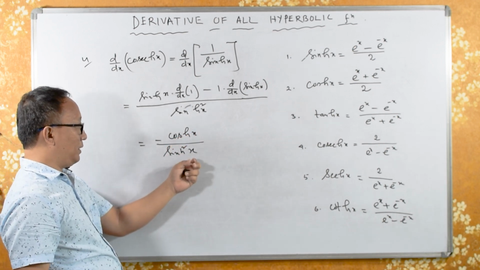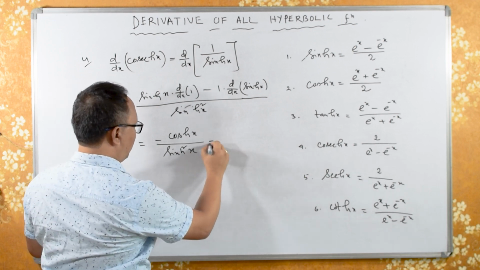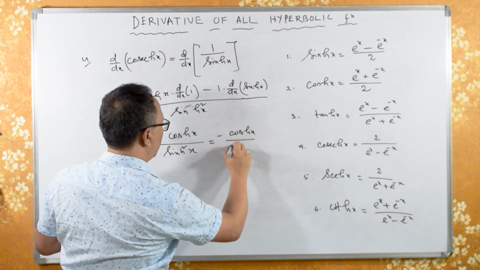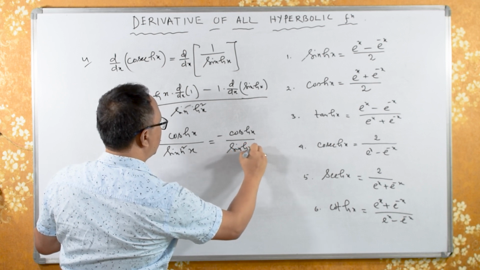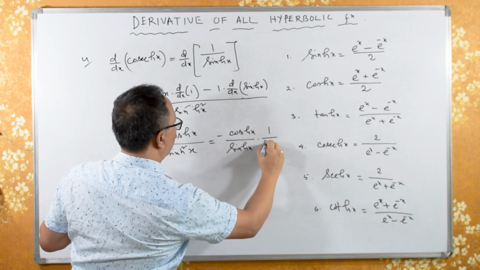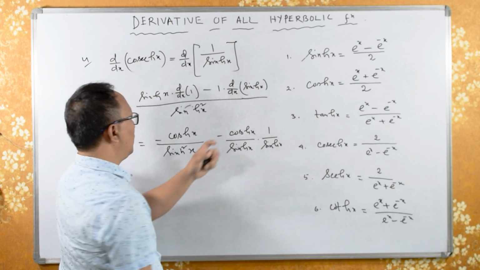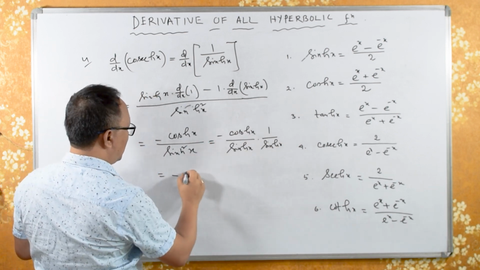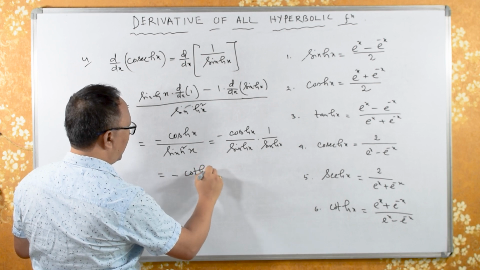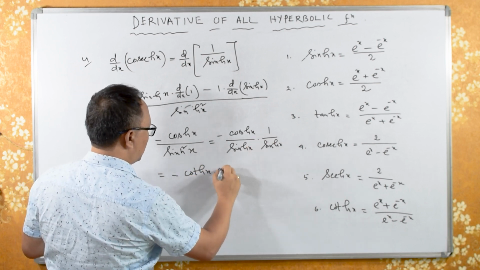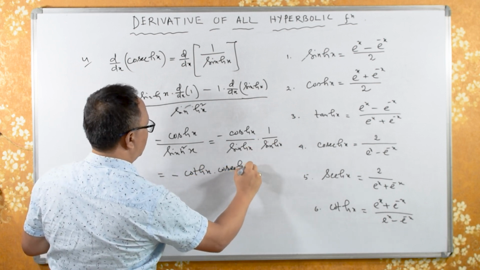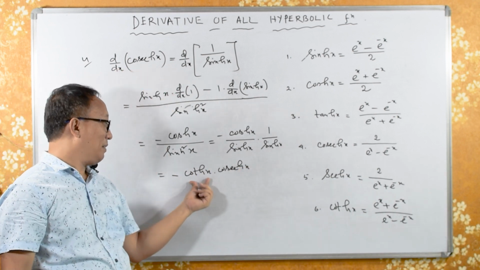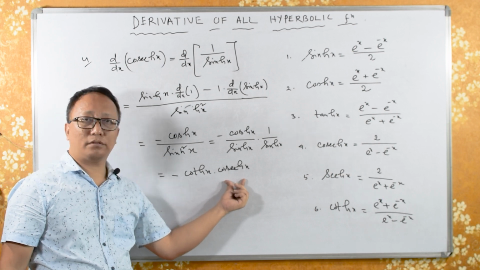Now sine hyperbolic square x we can write two times: minus cos hyperbolic x upon sine hyperbolic x into 1 upon sine hyperbolic x. Cos by sine is cot hyperbolic x, and 1 by sine is cosec hyperbolic x. Therefore, dy/dx of cosec hyperbolic x is minus cot hyperbolic x into cosec hyperbolic x.